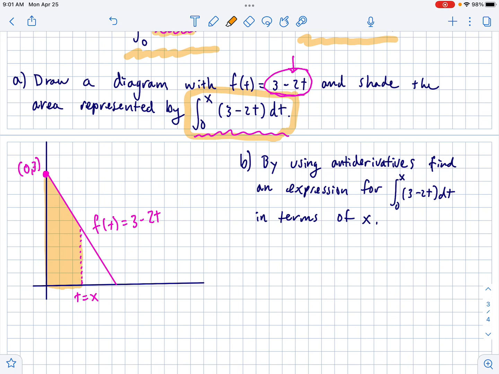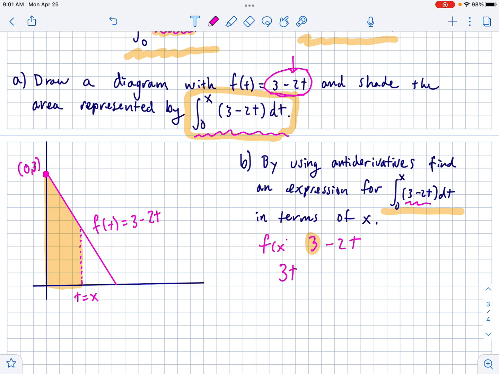Part B says, using antiderivatives, find an expression for this in terms of x. Well, the first thing we would have to do, really the only thing we're going to have to do, is do the antiderivative. Because if you plug in a 0 and an x, the zeros all go away. So really, it's just finding the antiderivative of that. So we have to take the inside, 3 minus 2t, and then try to get it back to the original, an antiderivative. So once again, if you see a floating number without a t, that can just become 3t.